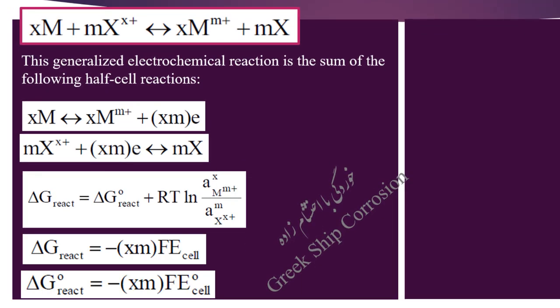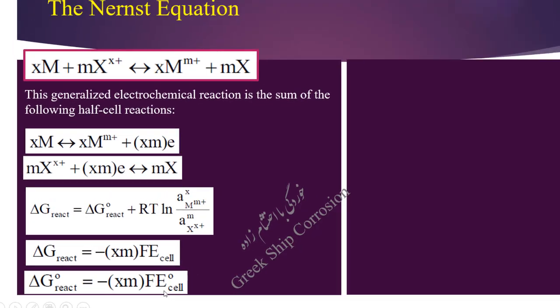Also, from the previous videos, the non-standard Gibbs free energy change of the reaction equals negative x times m times F times E cell. F is the Faraday's constant, and the standard Gibbs free energy change of the reaction equals negative x times m times F times E naught cell, or standard cell potential.